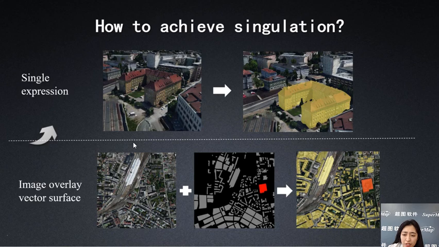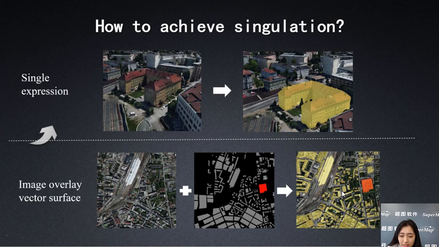We load the matching 2D vector surface and the oblique photographic model into the same scene, and pass the vector surface to the surface of the oblique photographic objects when rendering the model data, and then set the color and the transparency of the vector surface so as to achieve the effect of individually selecting features.